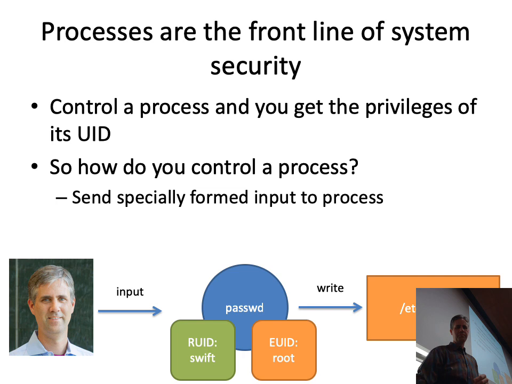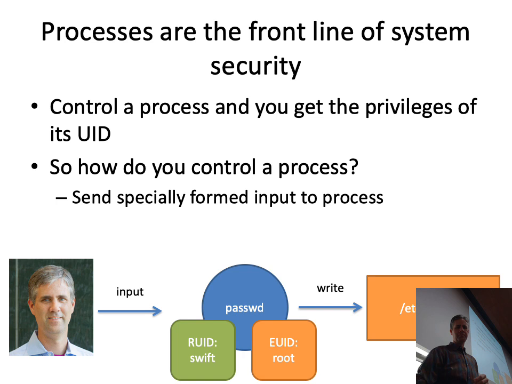Because if you can subvert that control, for example, and get it to launch a shell instead of changing the password file, you can have it launch a shell as root, and you can do anything root can do, which is see everybody's password and change everybody's password, or hashed password anyway. So we need to think about what processes do to make sure they maintain control and always do the right thing.